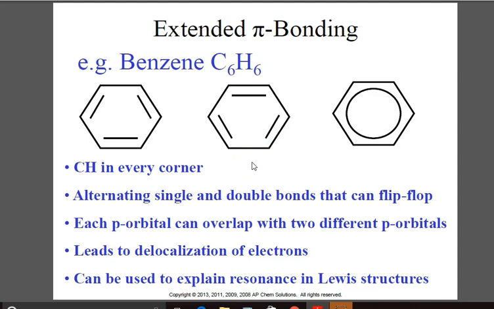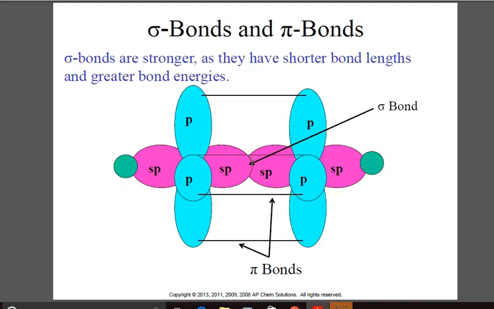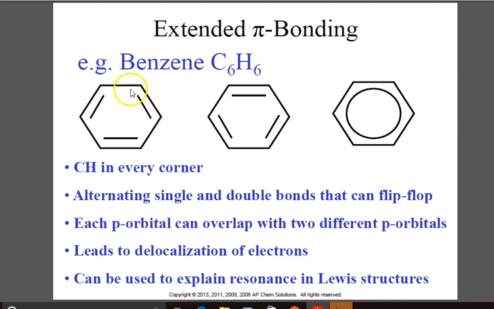And if we go back and look, we know that that double bond is really this pi bond, this side overlap. So if you can imagine, you have lots of unhybridized p orbitals in this circle. So each of these carbons that you see has an unhybridized p orbital.